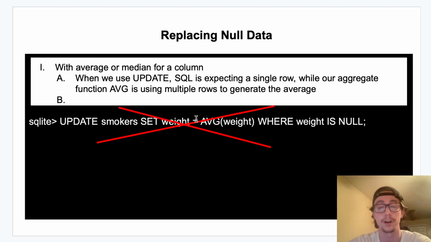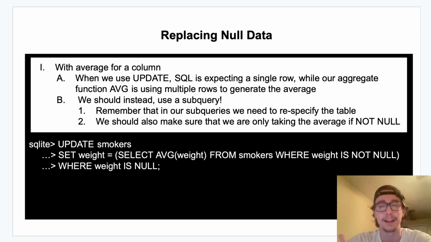So that's not going to work. But we can get around that by using the subquery that we talked about in previous videos. And it's a pretty simple change. It looks very similar. It's just now in parentheses, and this is our subquery.